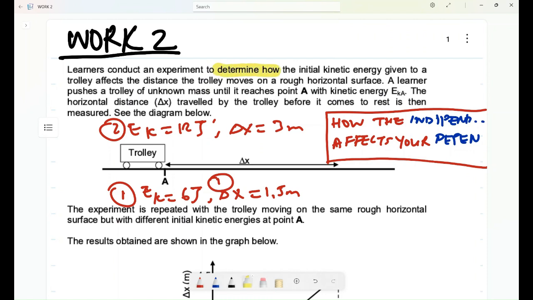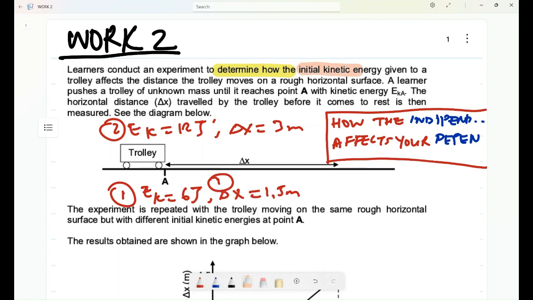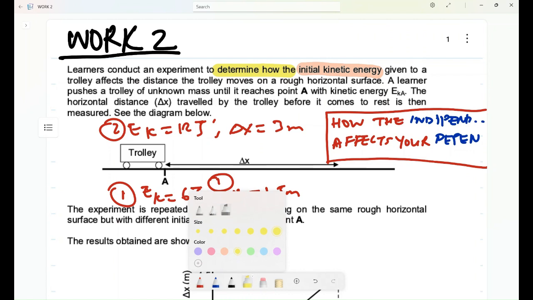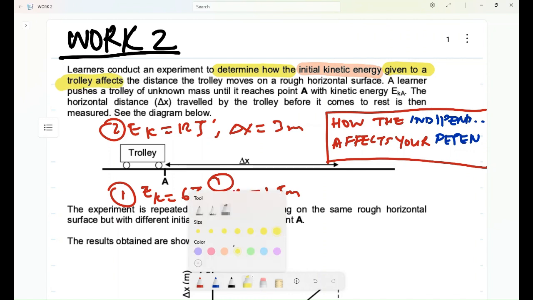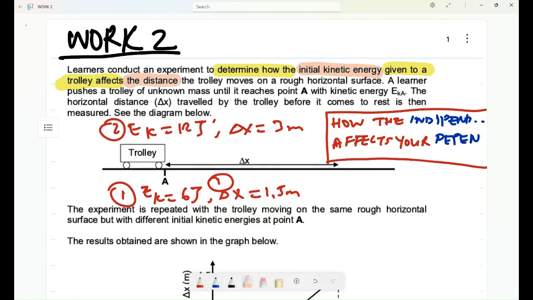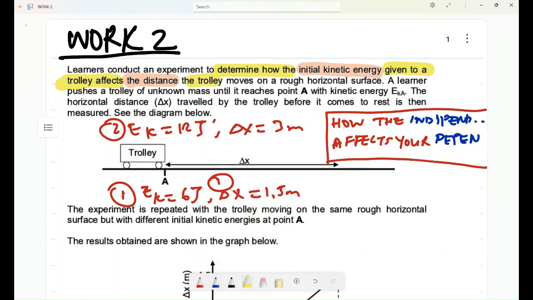Determine how the independent, kinetic energy given to an object, to a trolley, affects the what? The dependent. I believe you are following. Affects the dependent. The trolley moves on the rough horizontal surface.